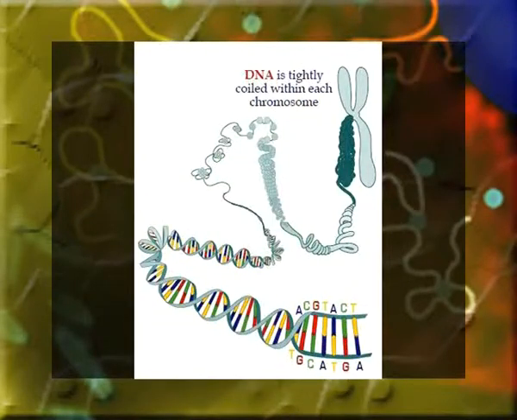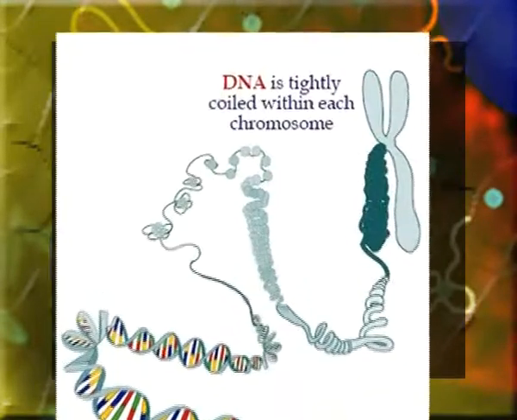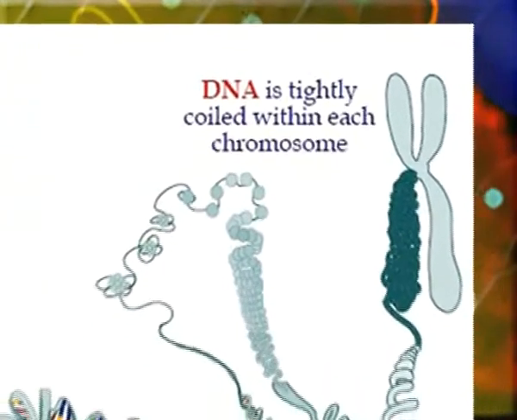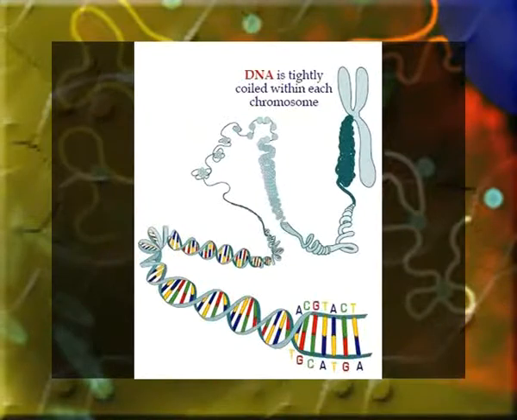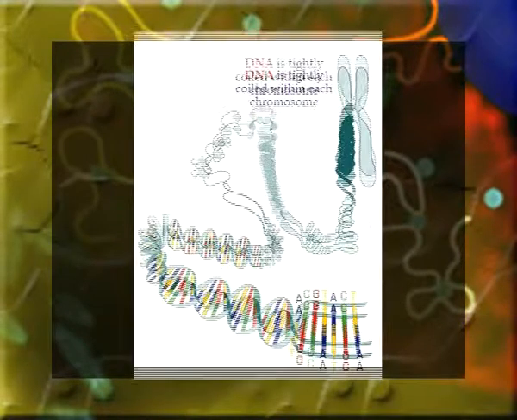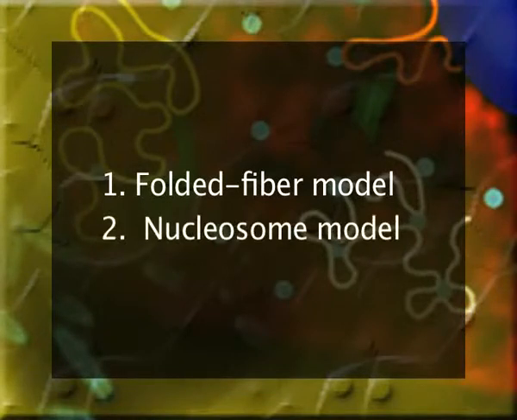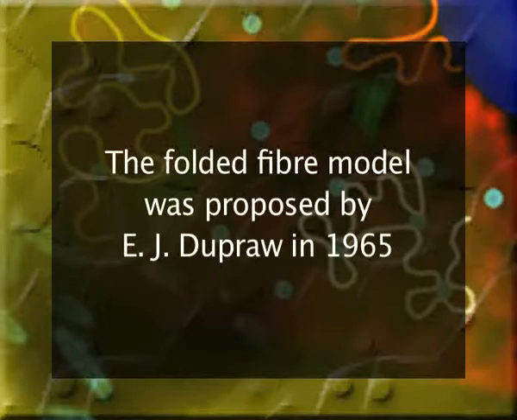Regarding the manner of coiling and folding of DNA, a number of models are available, but only two of them stand out and are important. These are the folded fiber model and the nucleosome model. The folded fiber model was proposed by DuPraw in 1965.